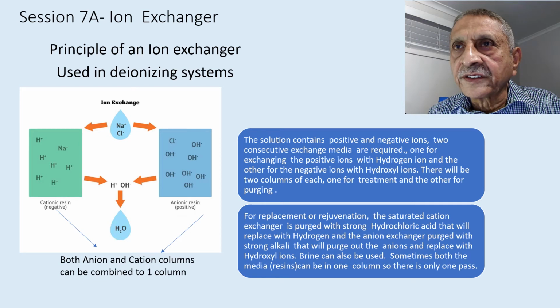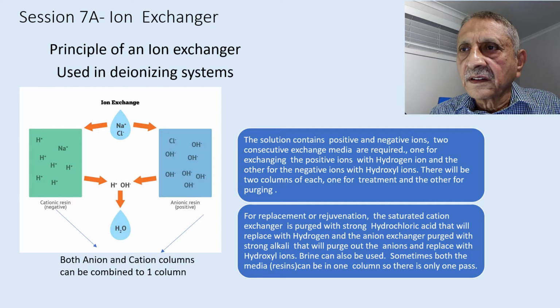Now I would like to introduce you to the principle of the ion exchanger. You will notice that water, when it contains very high levels of dissolved solids like calcium, sodium, potassium, etc., and particularly calcium, carbonate, and bicarbonate, which give the water its hardness. The only way by which you can soften that water is to remove the calcium and bicarbonate.